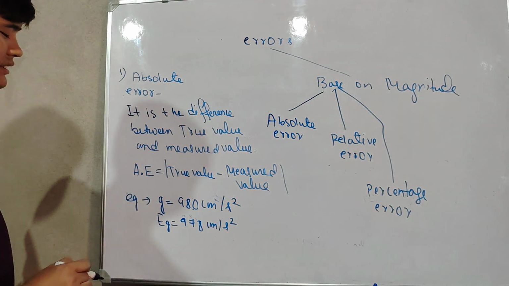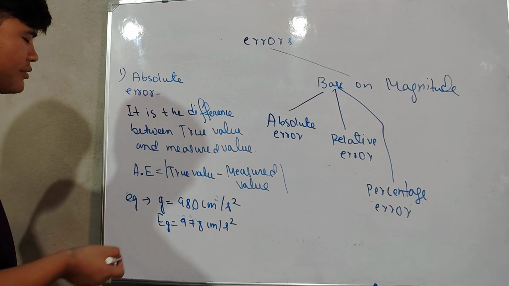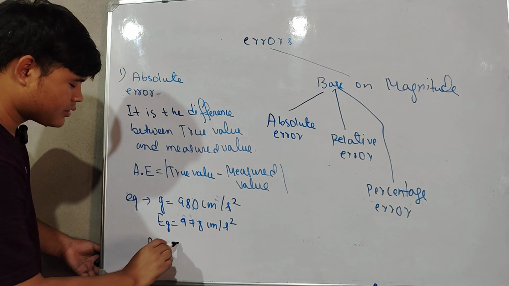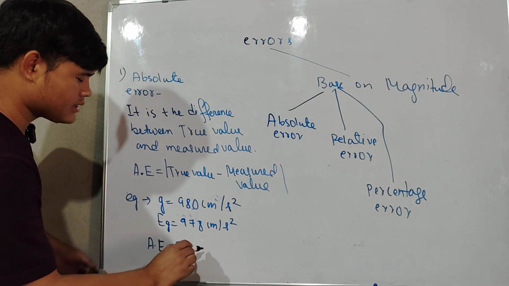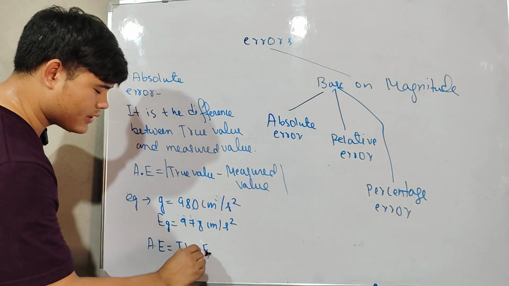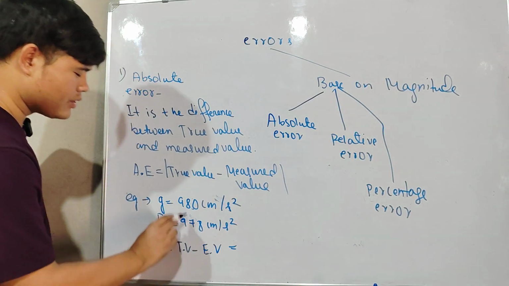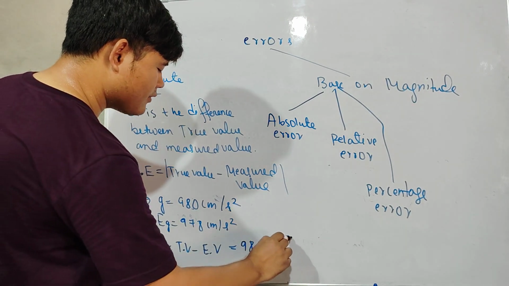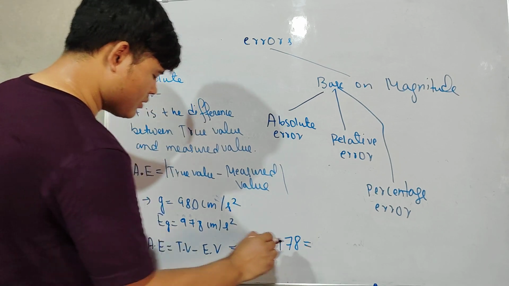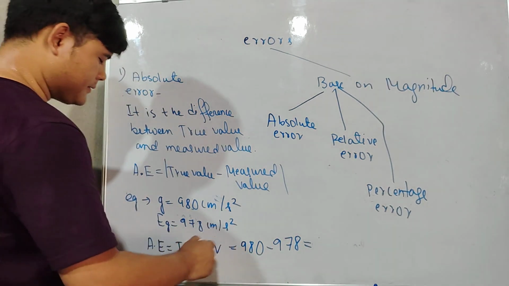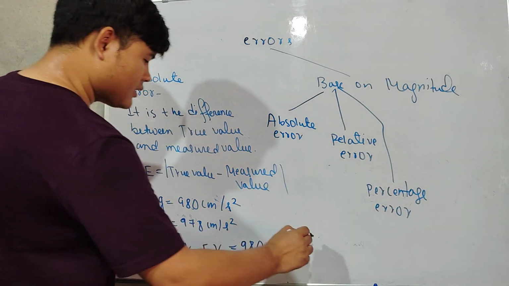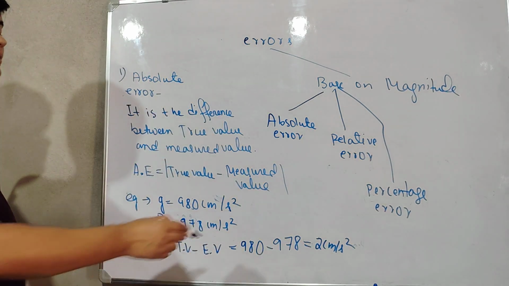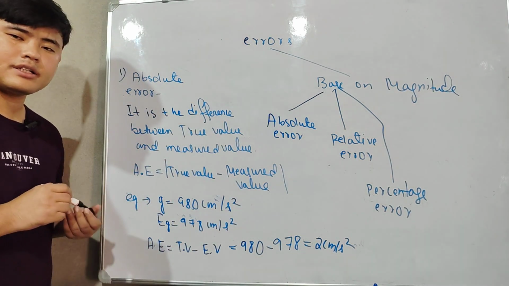So tell me, what will be the absolute error? Absolute error means true value minus experimental value. The true value is 980, the experimental value is 978. So the absolute error is 2 centimeter per second squared.